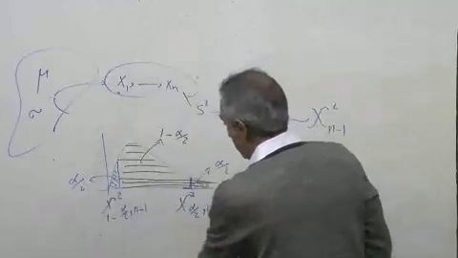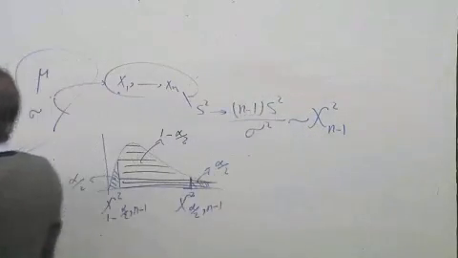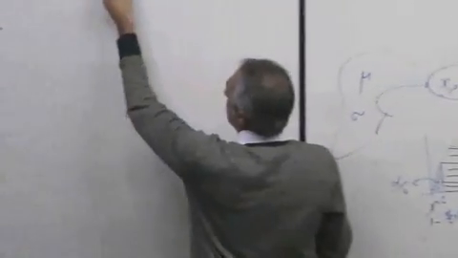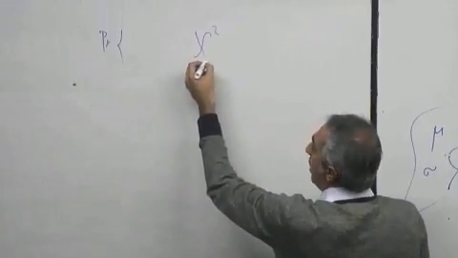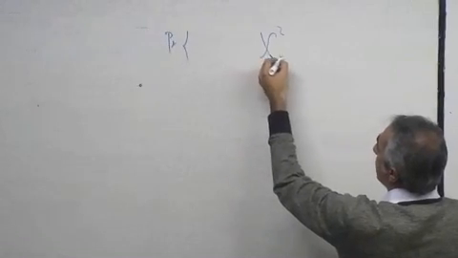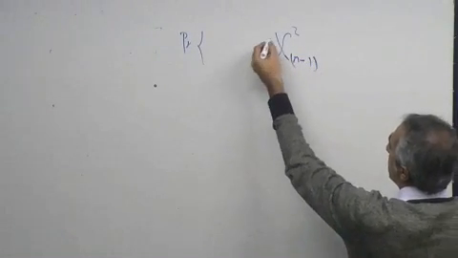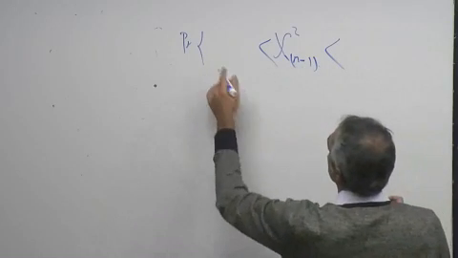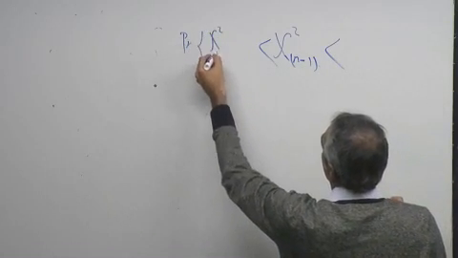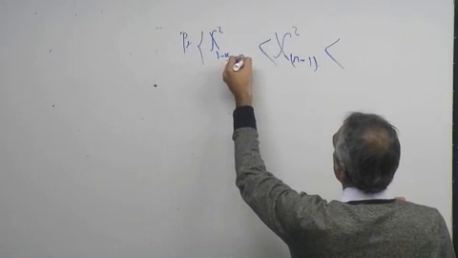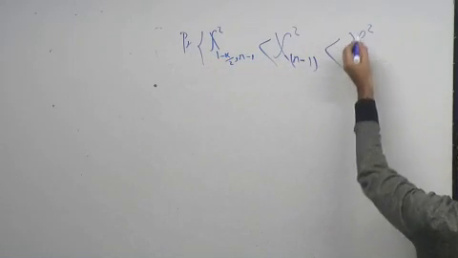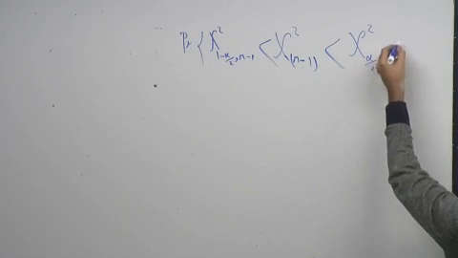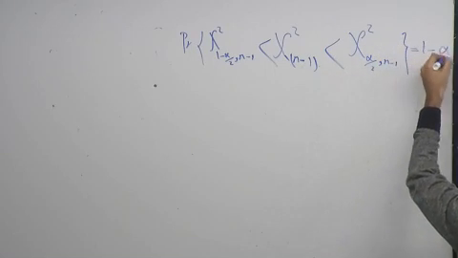Okay. So what I'm going to do, I'm going to say the probability of chi-square with n minus 1 degrees of freedom between these two numbers, which are chi-square of 1 minus alpha over 2 and n minus 1 degrees of freedom, and chi-square of alpha over 2 and n minus 1 degrees of freedom, is 1 minus alpha.